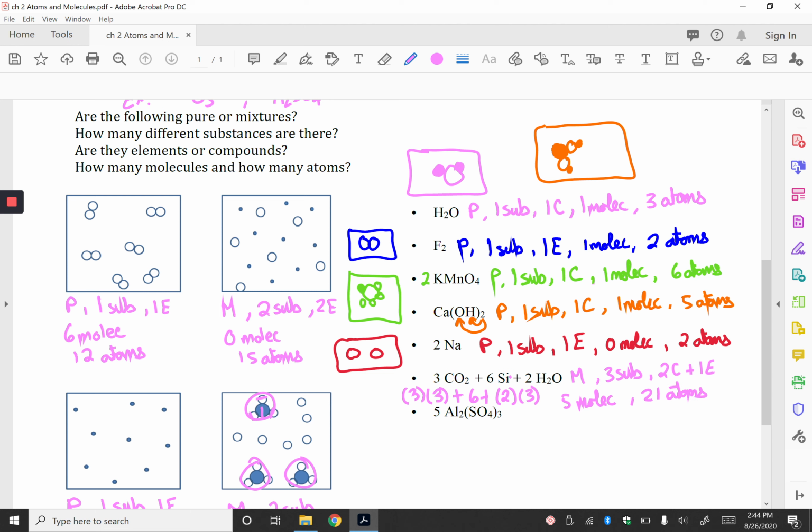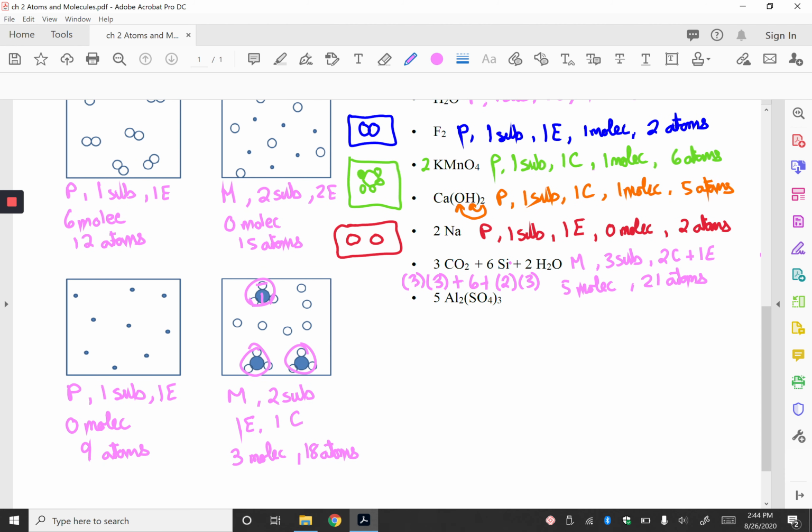I'm going to go ahead and draw a particle diagram for that for you, down here. All right, so let's start with the CO2. There's the carbon and 2 oxygens, and there's 3 of these.